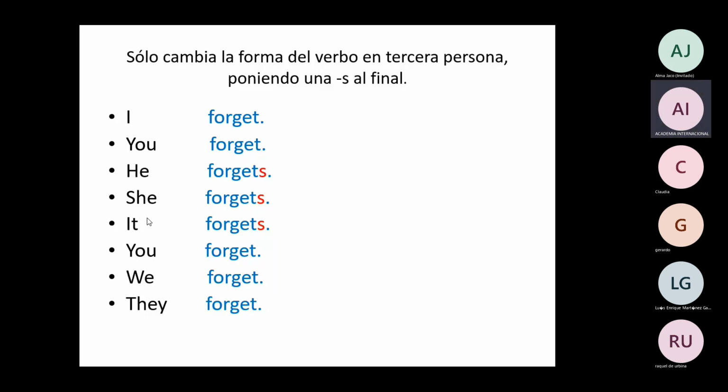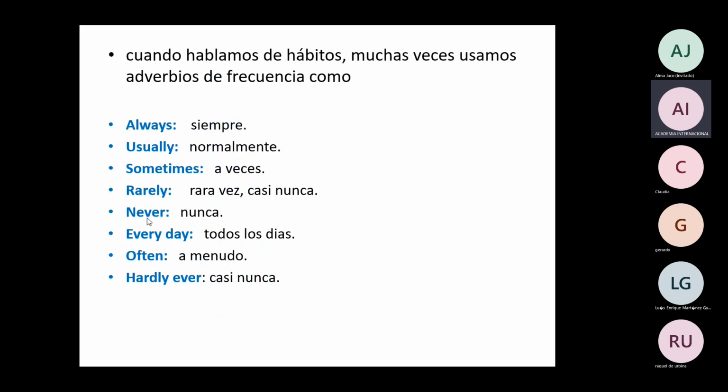Pero no dice que es algo que está pasando ahorita, sino algo que pasa habitualmente. Él olvida. I can say, I forget to wake up early. Olvido despertarme temprano. Algo que podría pasar eventualmente.